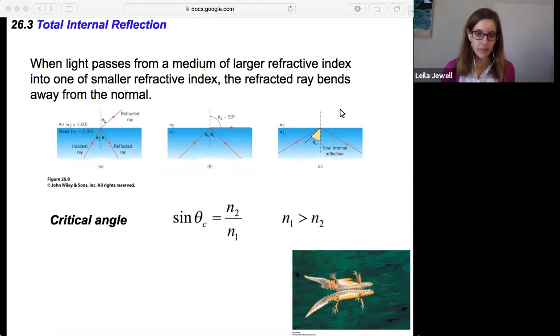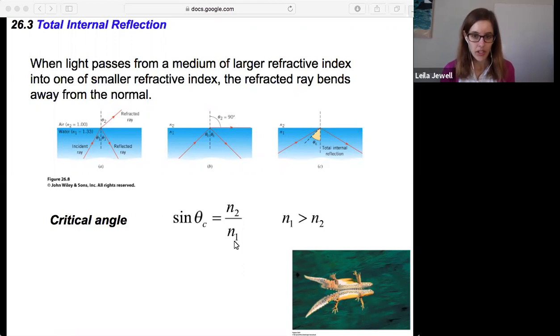You can plug in the condition to Snell's law in order to find the critical angle. If you have n1 sine of theta 1, which we're going to call theta c here, is equal to n2 times sine of 90 degrees at that critical angle. Sine of 90 is 1, and so that disappears.